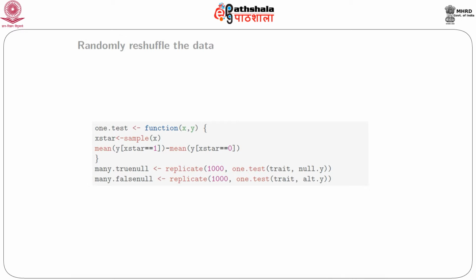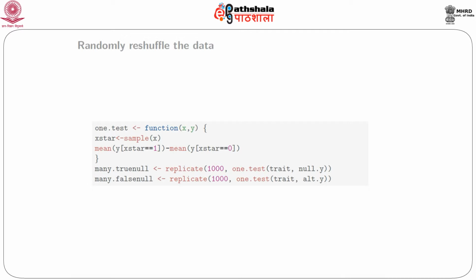That means it would reshuffle the data, and for each of the reshuffled data it would compute the null.difference, or the mean difference between the two trait groups when the null is true. Similarly, we can use many.false.null, which is the same, but this time null.y is replaced by alt.y. So, that is the difference of the two traits, that is trait equal to 0 and trait equal to 1 under the alternative hypothesis.